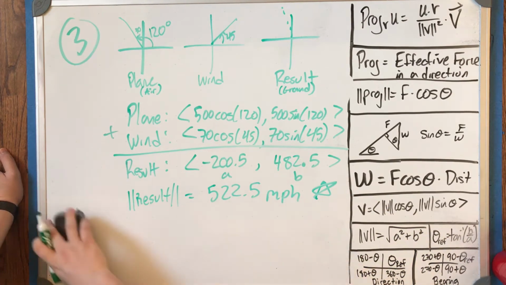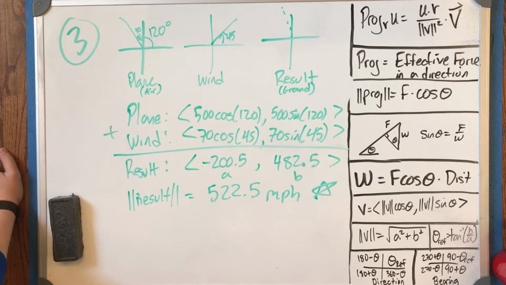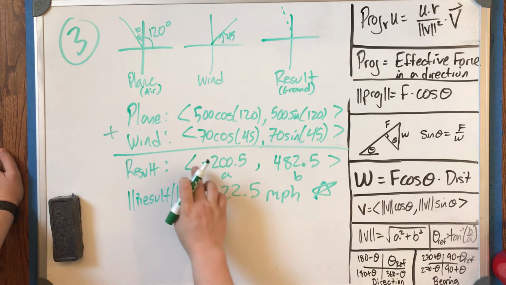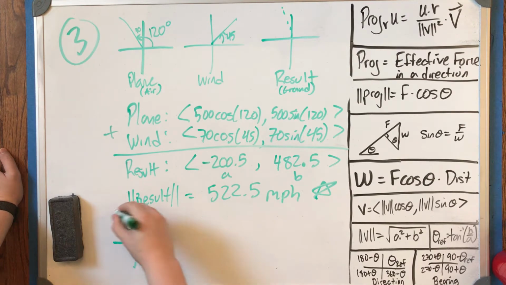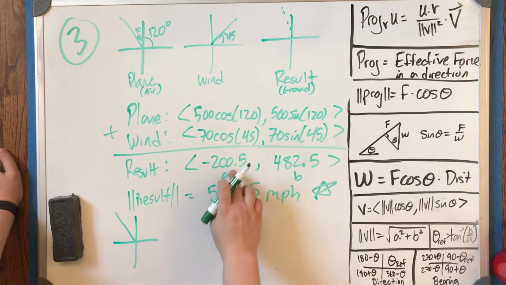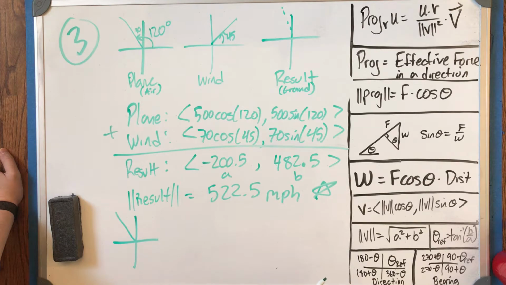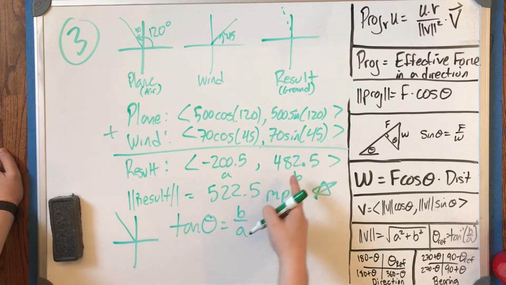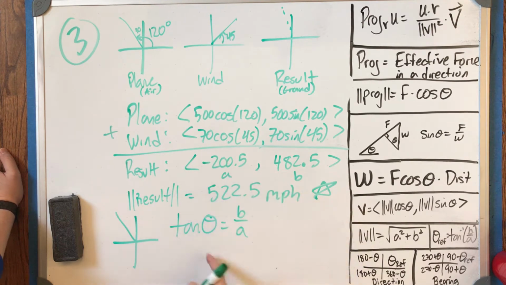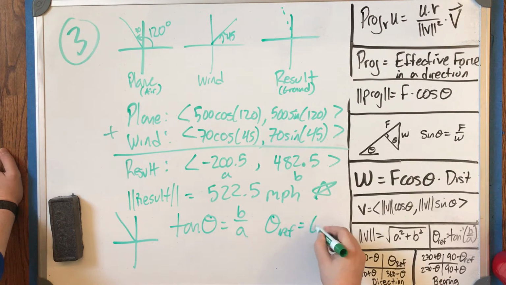Now, next we need to find the course, which basically means the bearing. So from looking at this right here, this is in quadrant 2. A negative x value, positive y value. So when I go to figure out what this reference angle is, by just drawing this triangle and using y over x, and find theta, theta as a reference angle is going to be 67.43.